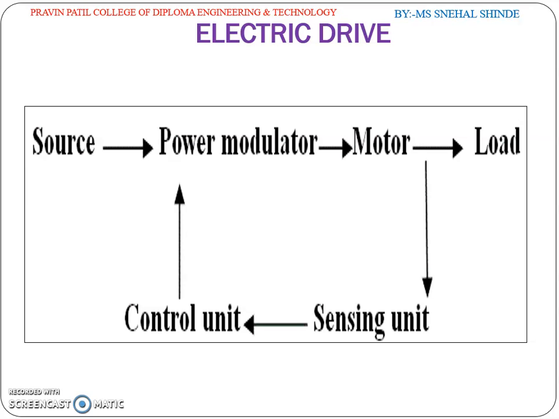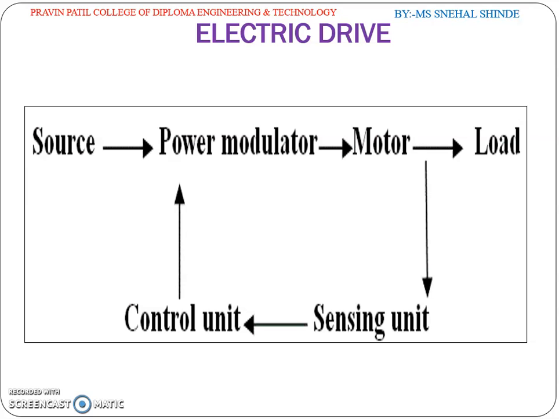Industry applications include rolling mills, textile mills, machine tools, pumps, fans, hoist, cranes, paper machines, transportation systems, robots, and more. Domestic applications include mixer, washing machine, air conditioners, coolers, small pumps, fans. These applications involve motion control.